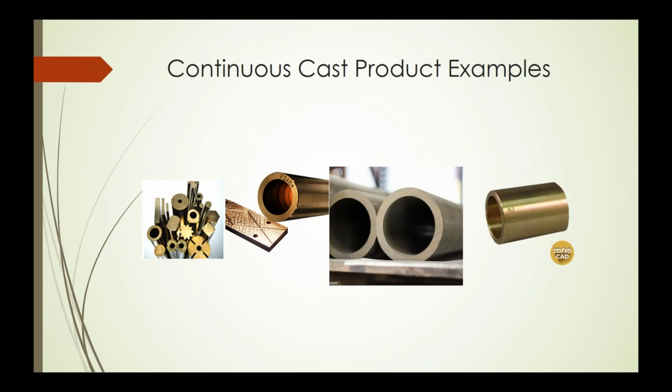here's some examples of products that are made in continuous casting techniques. You have tubes. Now these are heavy-walled tubes. You have plates. There's a wear plate there in the illustration second from the left that is fairly thick.